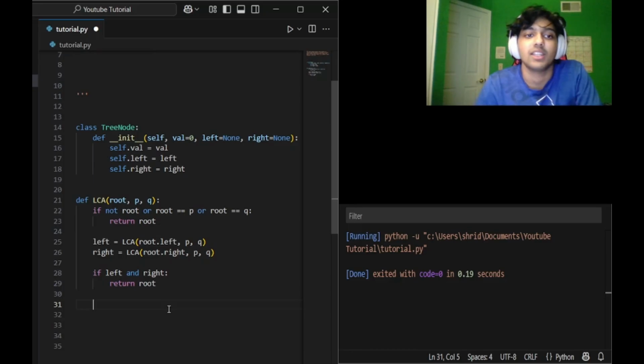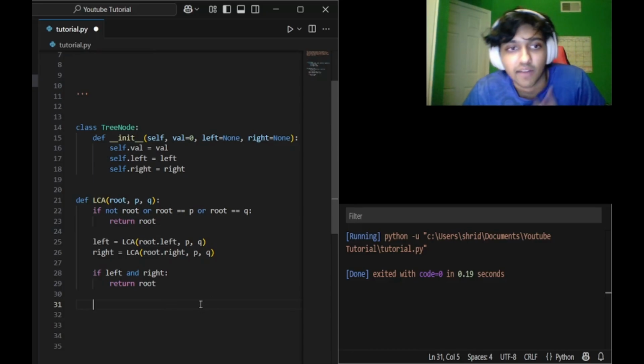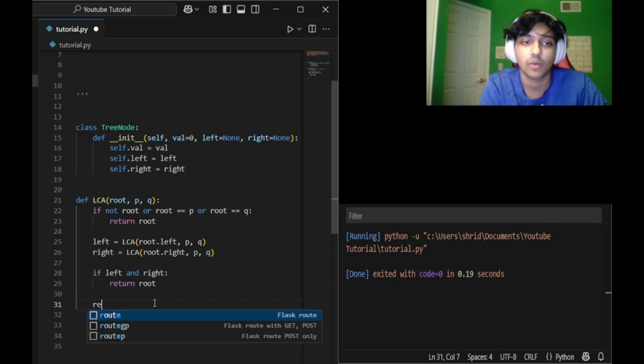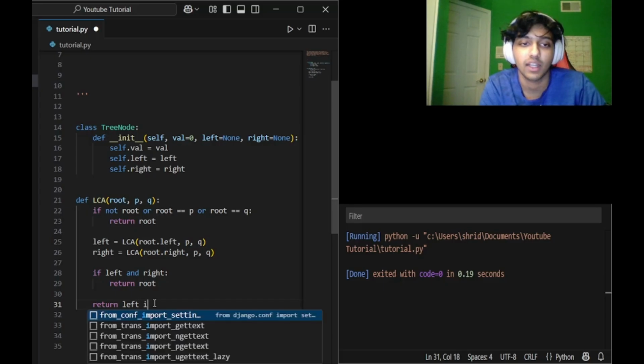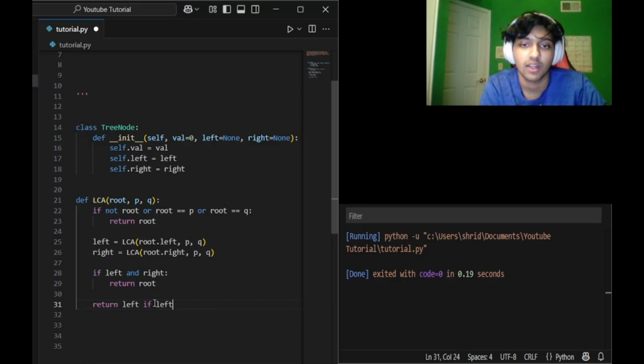However, let's say one of the subtrees doesn't have the P or Q that we're looking for. Then all we need to do is focus not on the left subtree and the right subtree, but only whichever one has the non-null child. So the way we could do this in Python is we're going to say return left if left, else right.